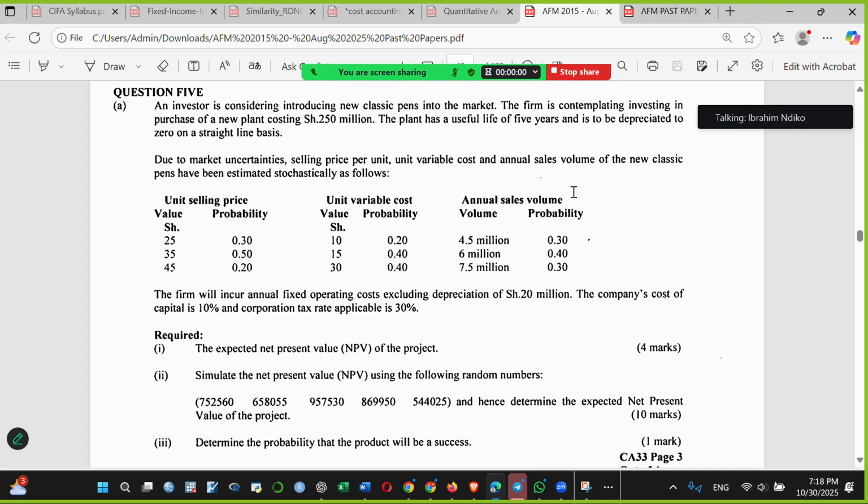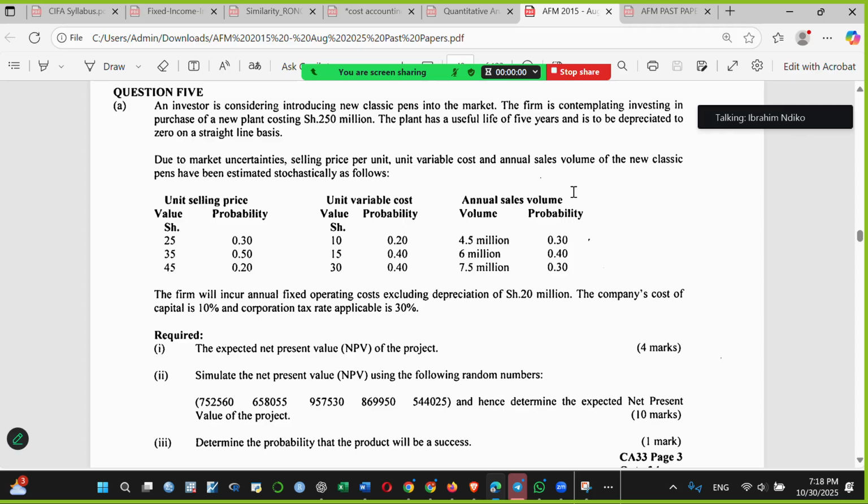So how do you compute expected NPV from this project? We start with the selling price. We have selling price of 25, 35 and 45 per unit.